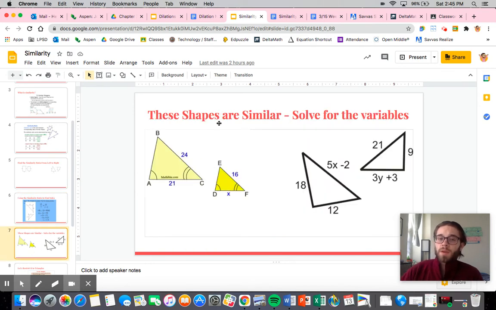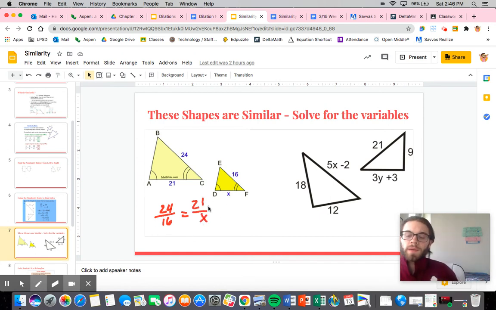All right? So in these ones, if we solve for the variables, what would we do? Well, we have to make sure we set it up correctly. So the 24 is corresponding to the 16. So 24 is to 16. And that should be equal to the 21 to the x. Now, what are we going to do with this? Well, again, we're going to cross multiply.